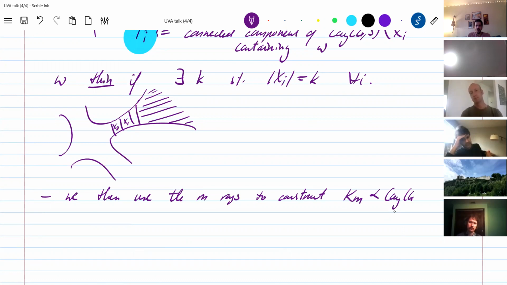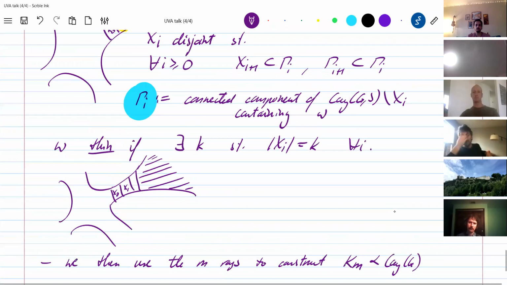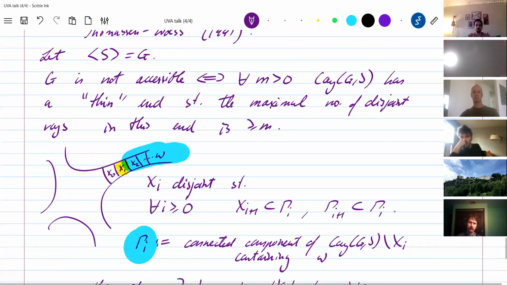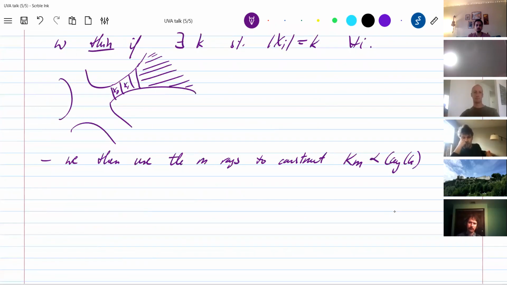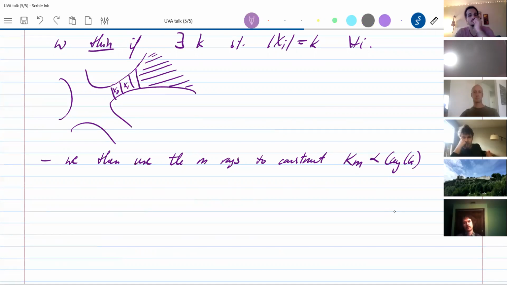Except we have to modify the generating set slightly. We can't just take the usual generating set that we already fixed here, which is S. We actually have to enlarge it a little bit, but we enlarge it in a uniform way that works for any m.